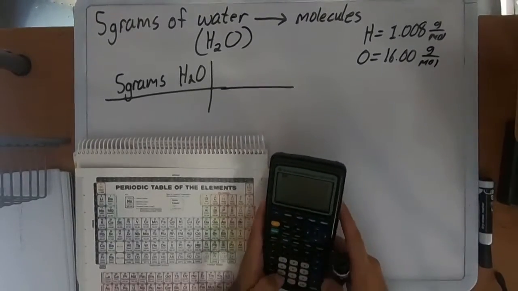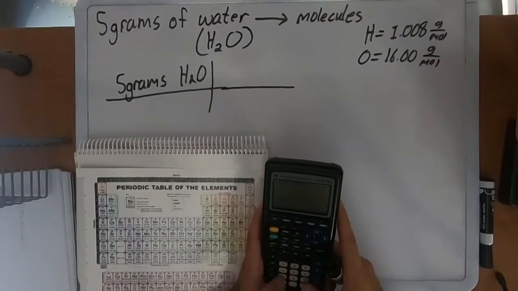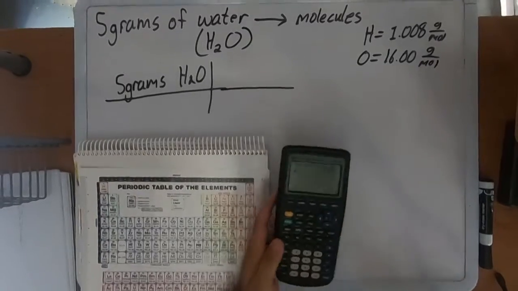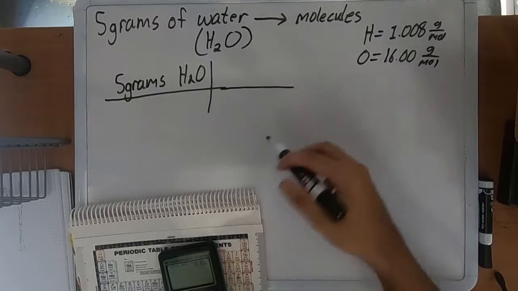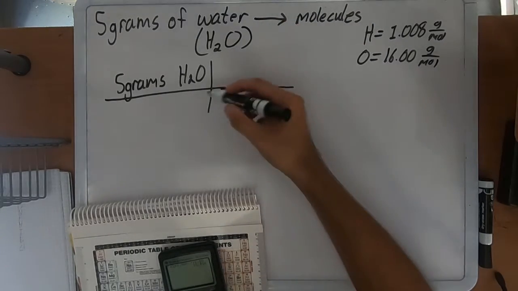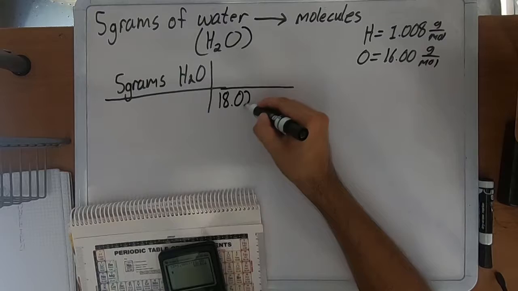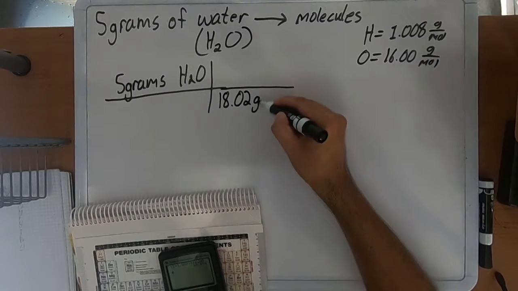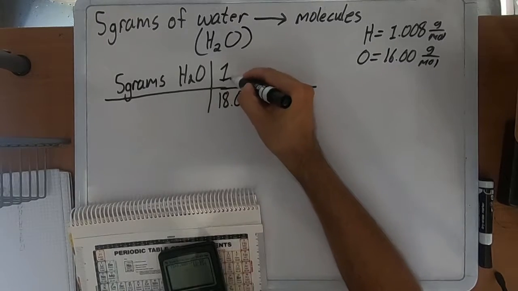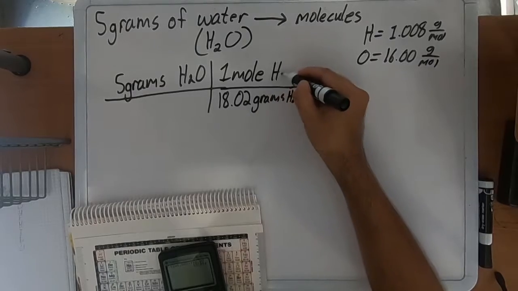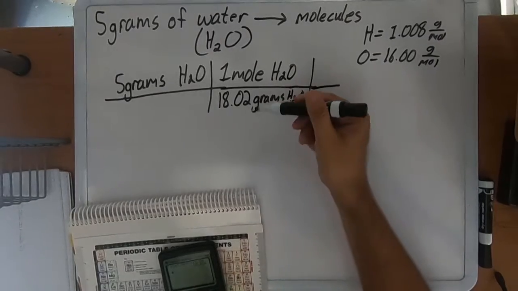Alright, so 2 times 1.008 plus 16.00, 18.02. And because water is such a common compound, most people have 18.02 by memory for the molar mass of water. 18.02 grams of water is in 1 mole of water. Okay, grams cancel out.